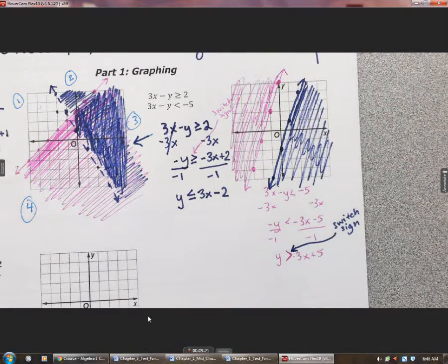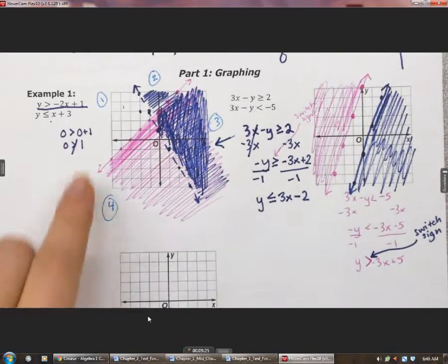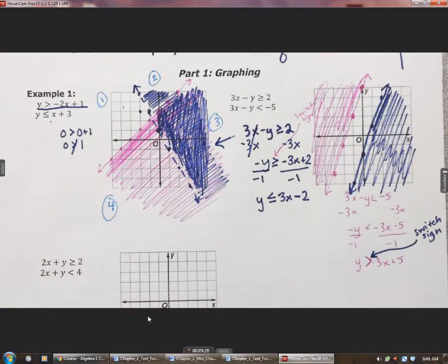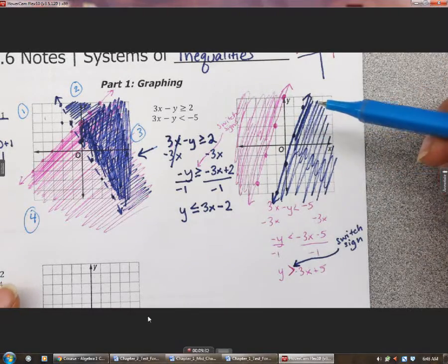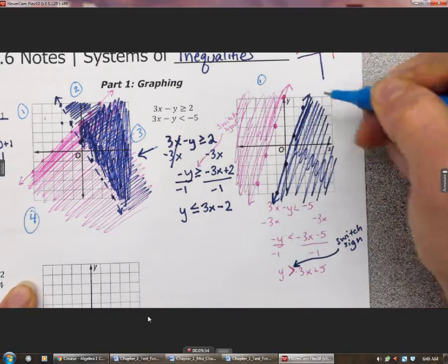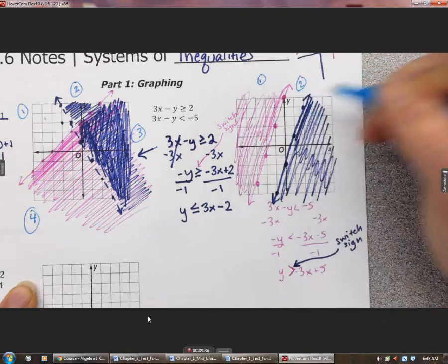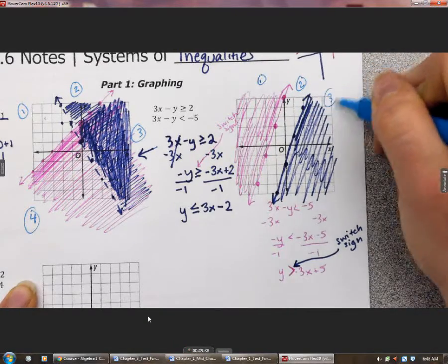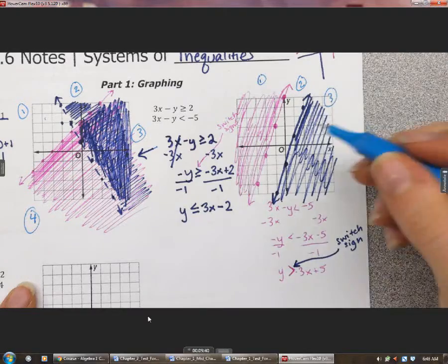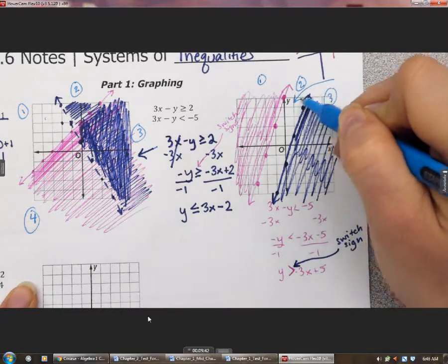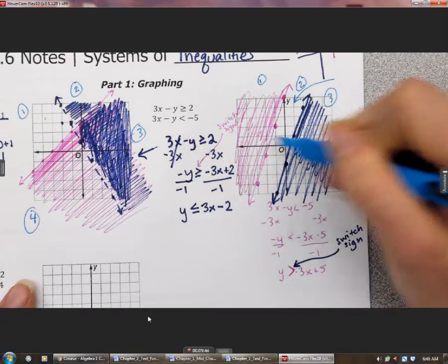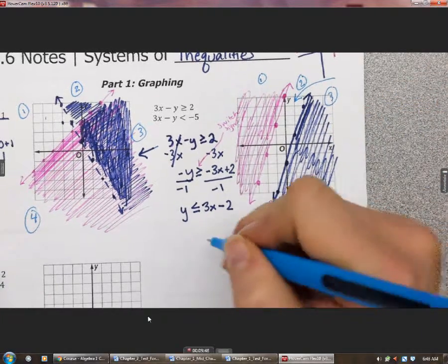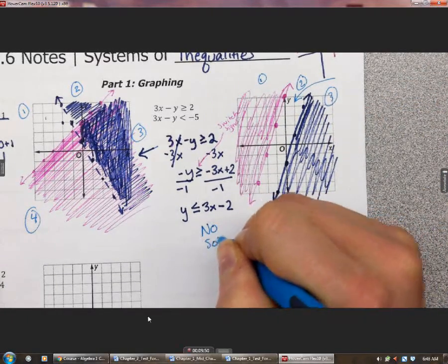So this time, this is a different example. On our first one over here, there were 4 different regions. This one actually only has 3 different regions because these lines are parallel, they're special. So this is region 1 where it's only pink, region 2 where it's white, and region 3 where it's purple. This region 2 right here, since nothing is overlapping, this is actually no solution.